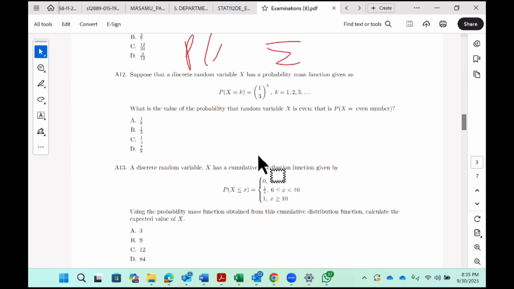That's multiples of 2, so k equals 1 to infinity, 1 over 3 to the power 2k. Indirectly, we are summing k from 1 to infinity, 1 over 9 to the power k.